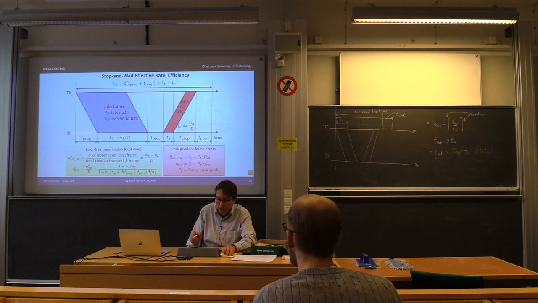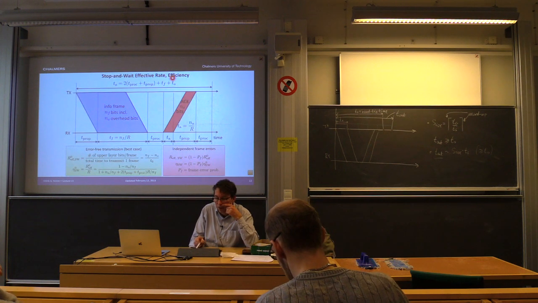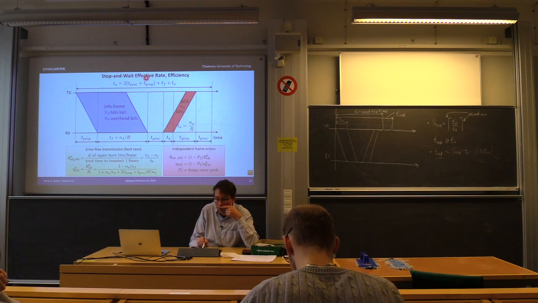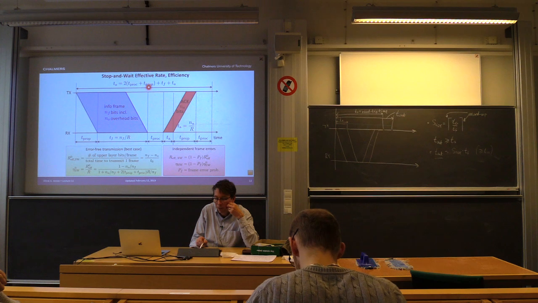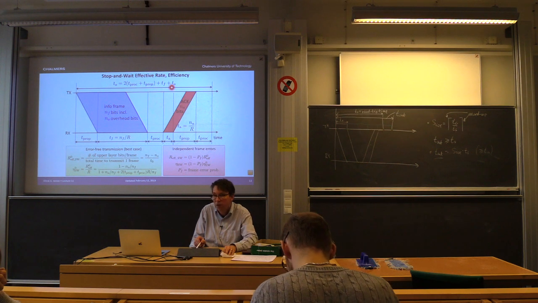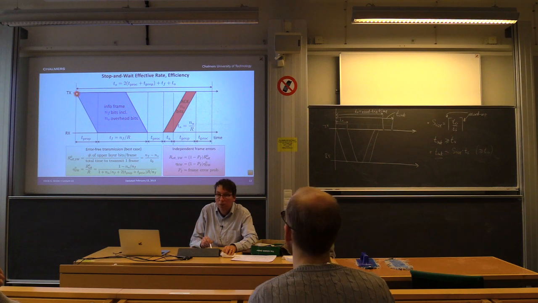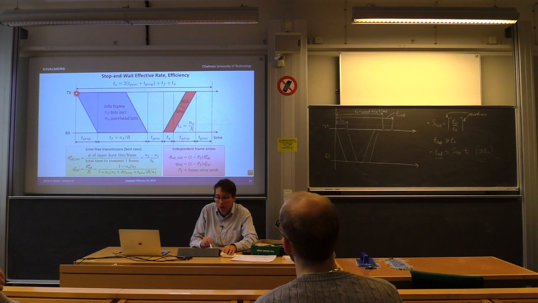So what is then the efficiency? For stop and wait, and this is what we looked at last time, we have a reaction time, which is 2 times the processing time and propagation time, plus the time it takes for one frame, plus the acknowledgement frame. Here's when the first bit leaves the transmitter of the data frame, here's when the last bit leaves, here's when the first bit arrives, here's when the last bit arrives.